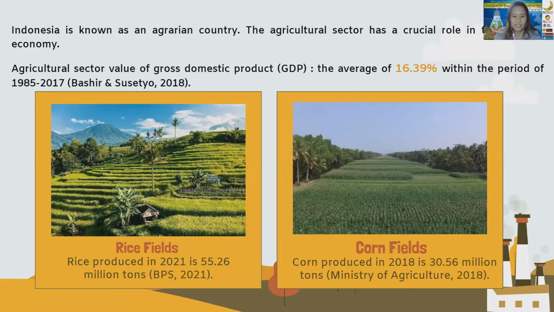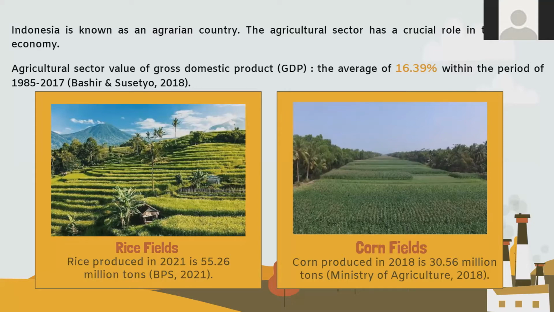Its importance can be seen by the value of gross domestic product that reached the average of 16.39% within the period of 1985 to 2017. This value has a relatively higher rank than other sectors. For example, rice is one of the most widely grown agricultural crops in Indonesia.